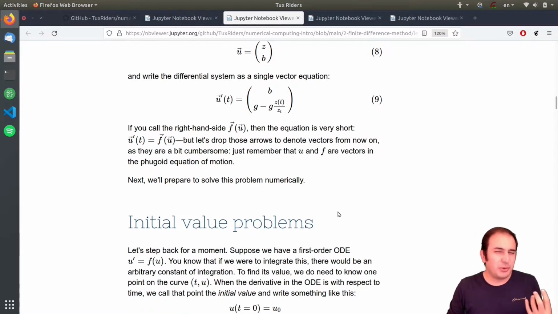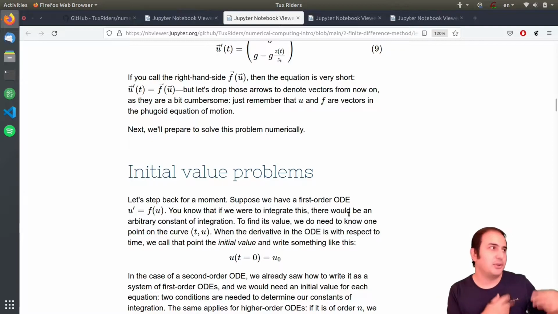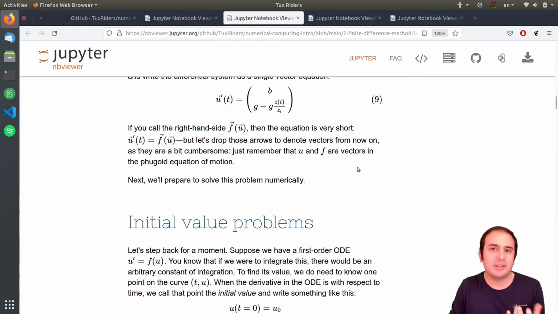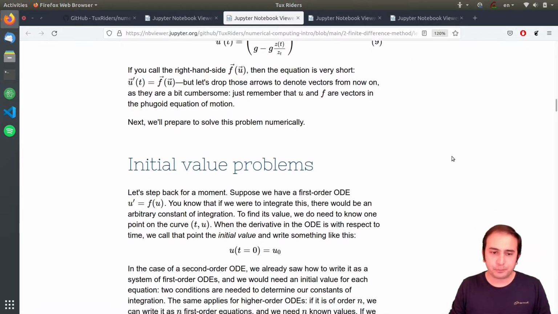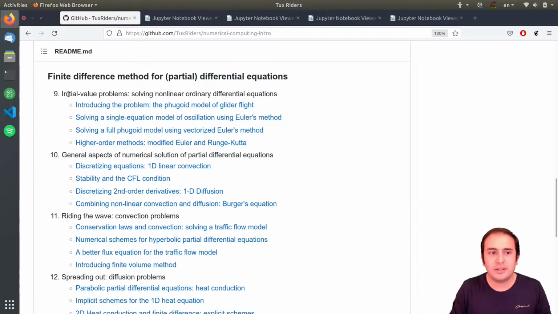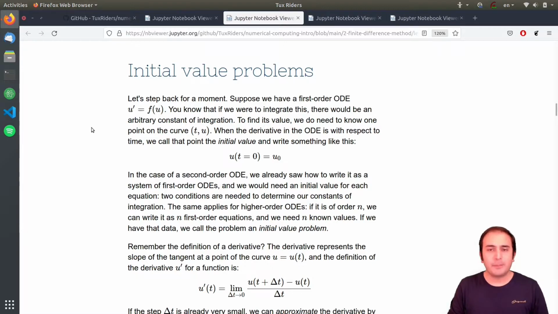This is crucial in numerical modeling, that you try to simplify things. In this case, it is mostly simplifying the mathematical representation of the equation and not the physical phenomena. So we say that it's an initial value problem, and that was indeed the title of this episode, because when we say initial value problems, it's because we have the initial condition. We want to track the motion of the glider.